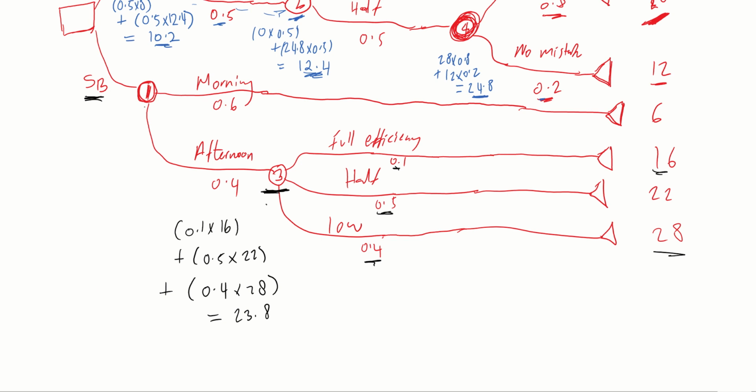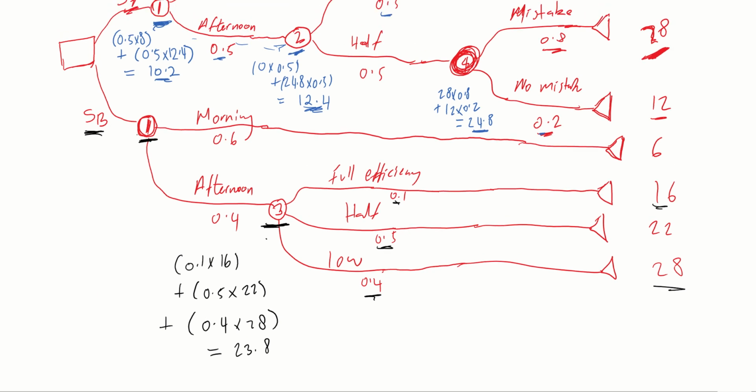Now let's move backwards. That's the final node, the upper level of the hierarchy, moving backwards. For that node, the first branch is 0.6 multiplied by 6, plus 0.4 multiplied by the value at the node we arrive at if we trace back, which we calculated as 23.8.